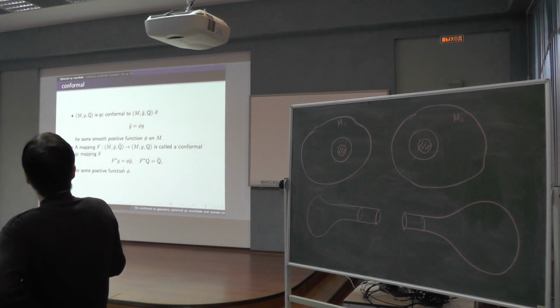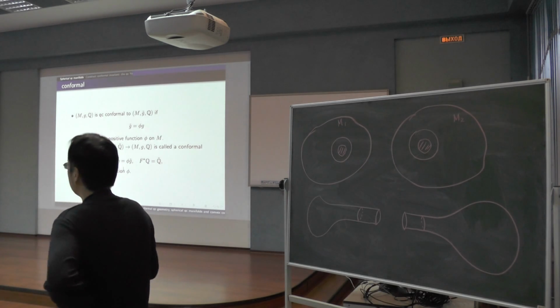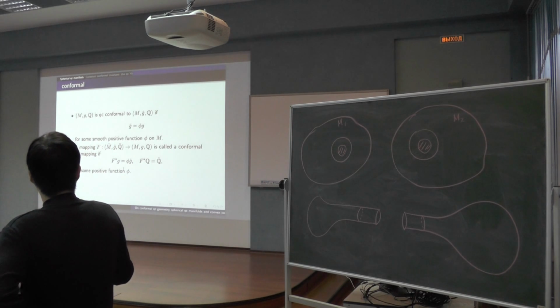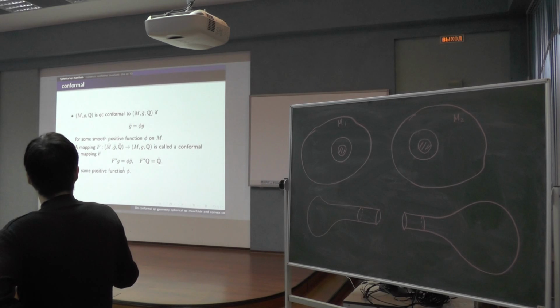So we see the manifold (M, g) is QC conformal to (M, g') if g' is g multiplied by some positive factor. So the general definition: a mapping is called a conformal QC mapping if the pullback of g is g times some positive function and the quaternion structure is preserved.